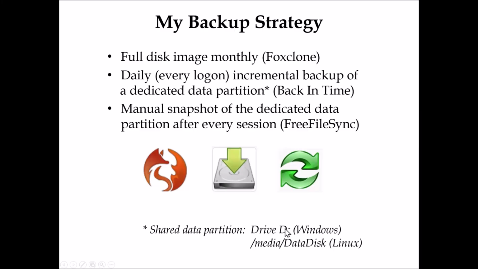And I just remind you down the bottom here that my data drive is the same drive for both Windows, where it shows up as drive D, and for Linux, where it shows up as a media data disk mount point.